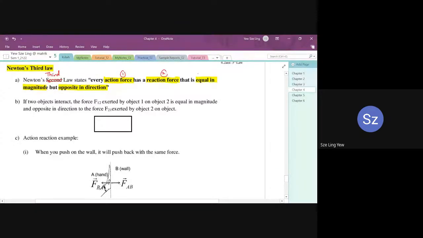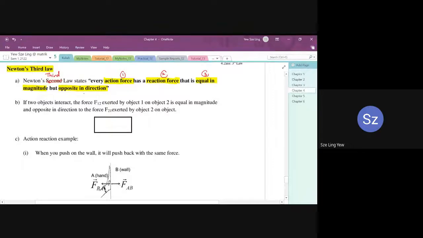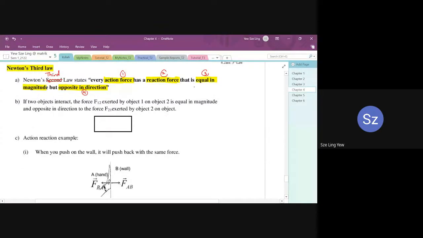Okay, so the way we give marks in explanation types of questions, we will search for these four keywords. So if two objects interact, then the force F12 exerted by object 1 on object 2 is equal in magnitude but opposite in direction to the force F21, exerted by object 2 on object 1. Now actually this double subscript notation is arguable.